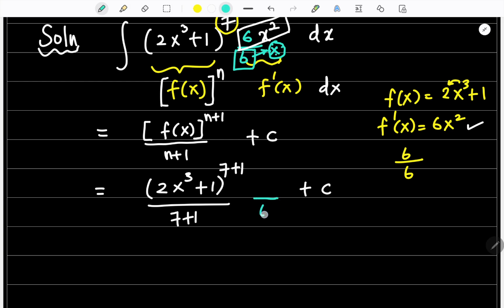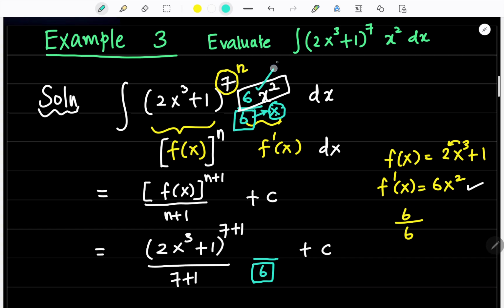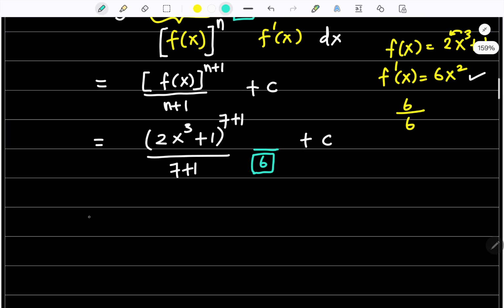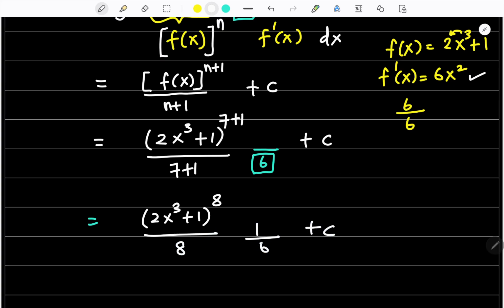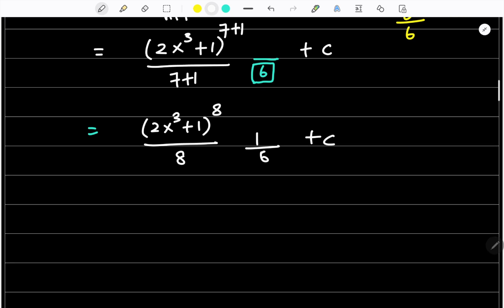Do not forget this 6 because we multiplied and we divided. What happened to this 6, teacher? This 6 already gone with the rule. Only this 6 is left out. That 6 I have taken. So this equals 2x cube plus 1 to the power of 8 divided by 8 and 1 by 6, plus integrating constant c.